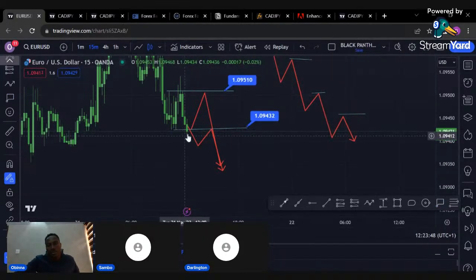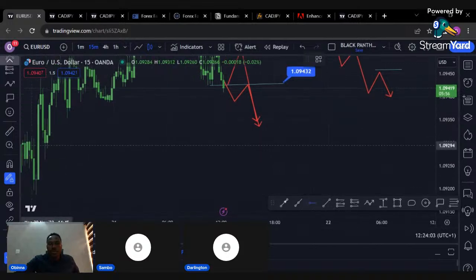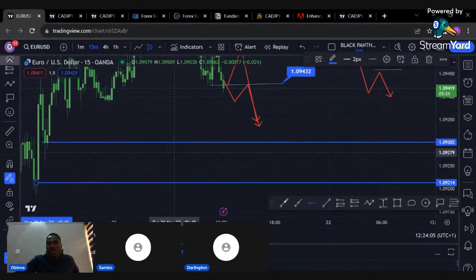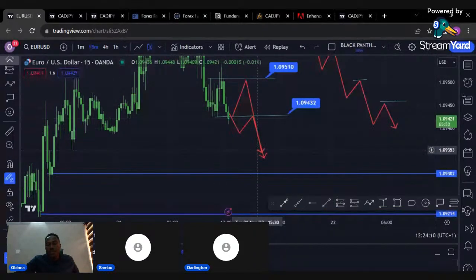So you are not to trade here. You want price to break here completely, a retest or a lower high forming, then you continue going down. Your TP should be around here or here. But rather than just using TP, I prefer using risk to reward.